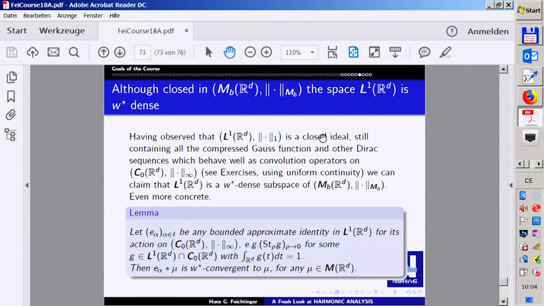So the idea is really very simple. What you have to do is convolve the measure with this compressed Gauss function. So you take a Dirac sequence and apply your measure to the Dirac sequence. And now this complicated discussion that I had, and you can forget about all the details, can be put to use.